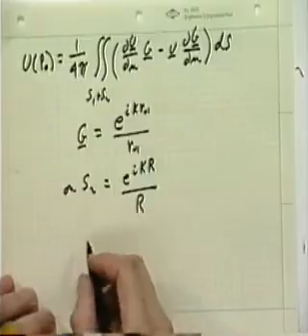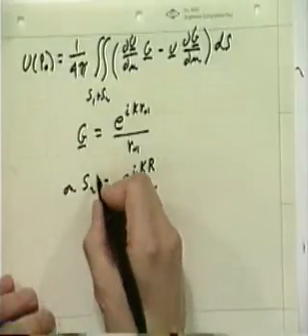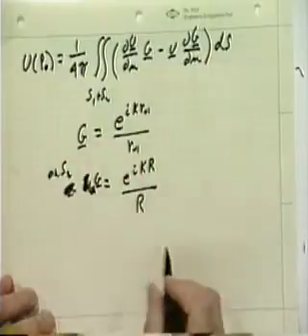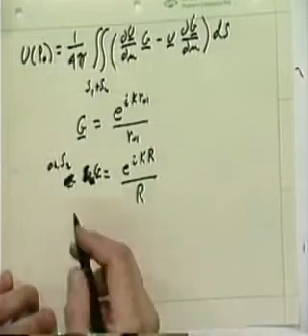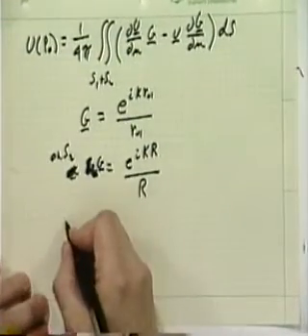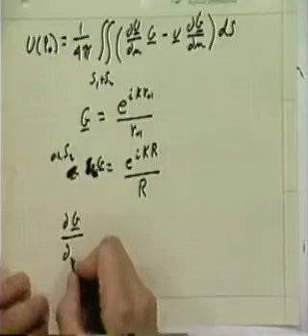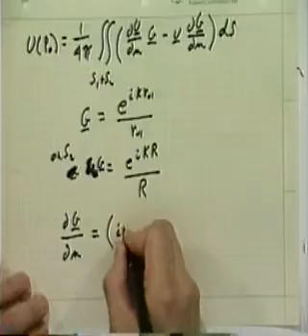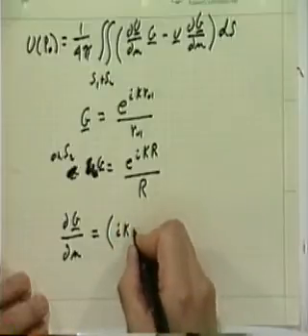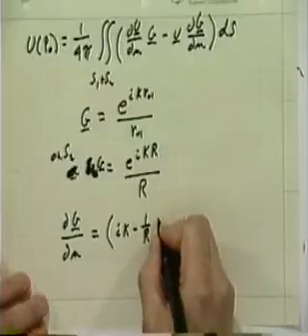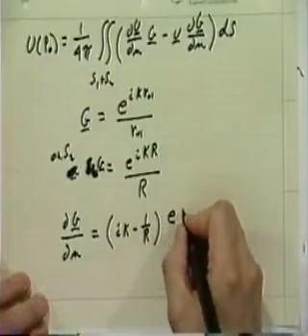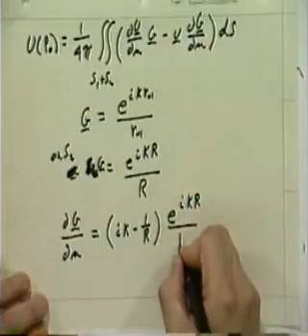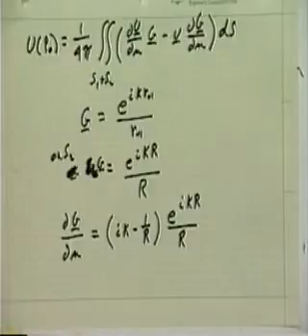And so on S2, G is equal to this. And so the partial of G with respect to n is what? Just ik minus 1 over r, times e to the ikr over r. Okay.